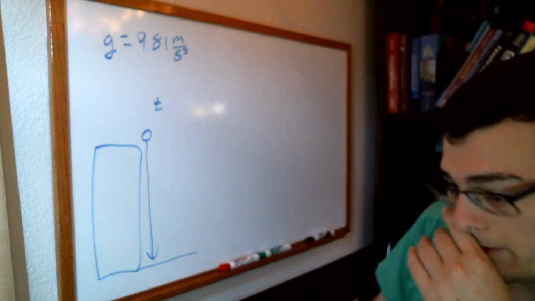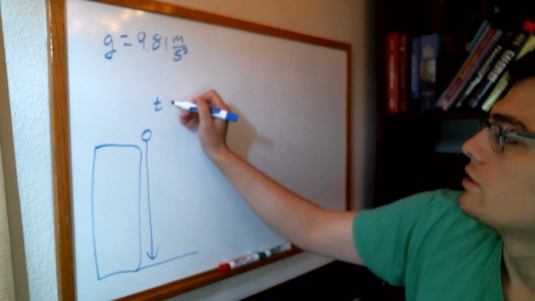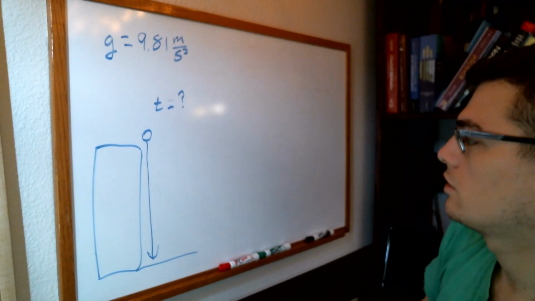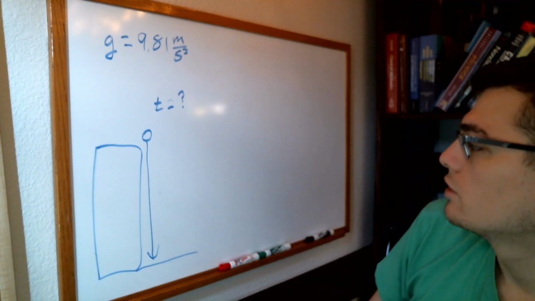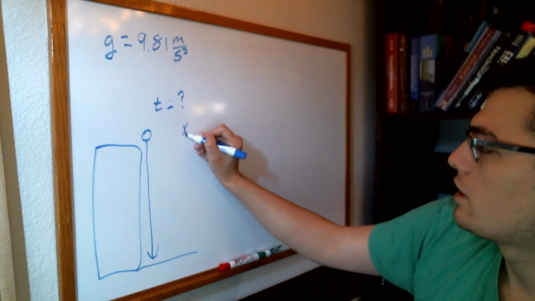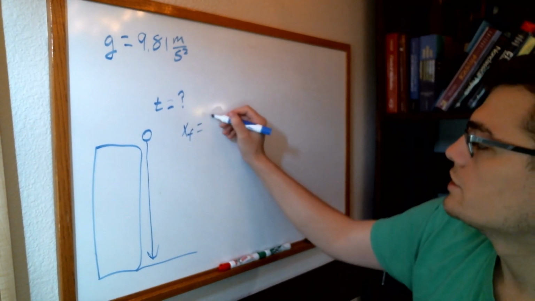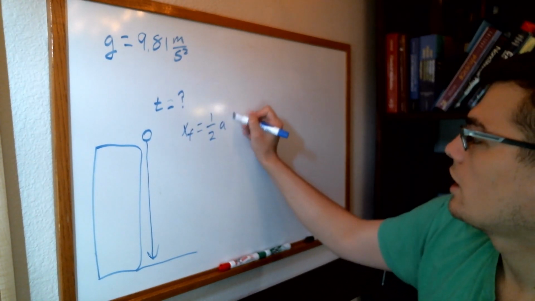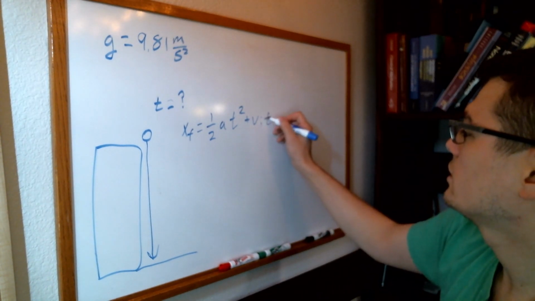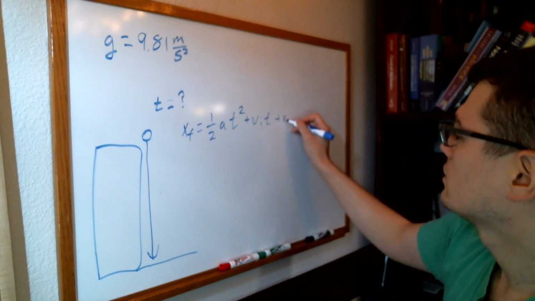Now, there are probably a couple other ways to do this, but for our purposes here, we're going to use xf is equal to 1/2 at squared plus vit plus xi.